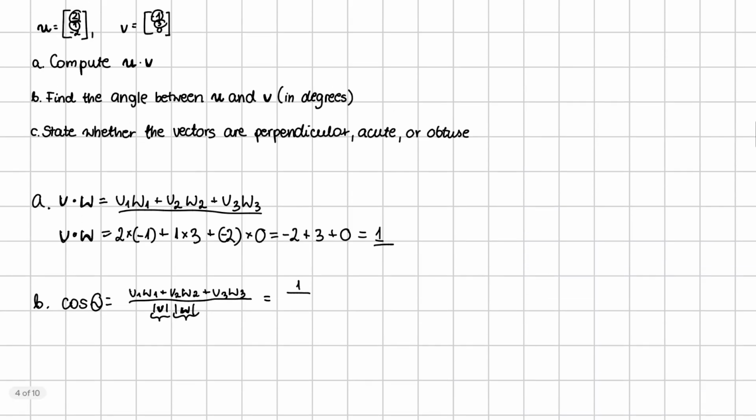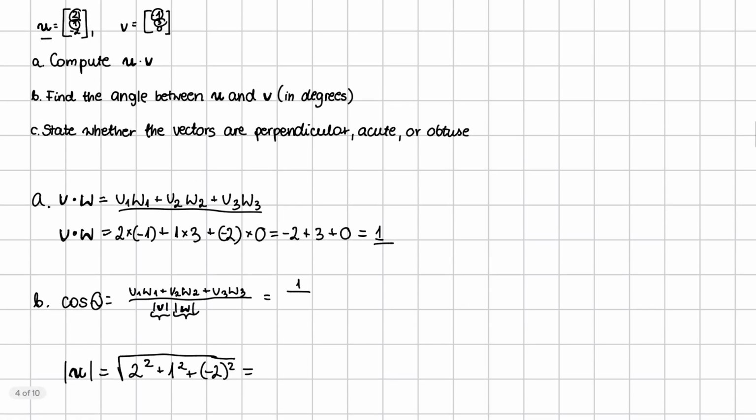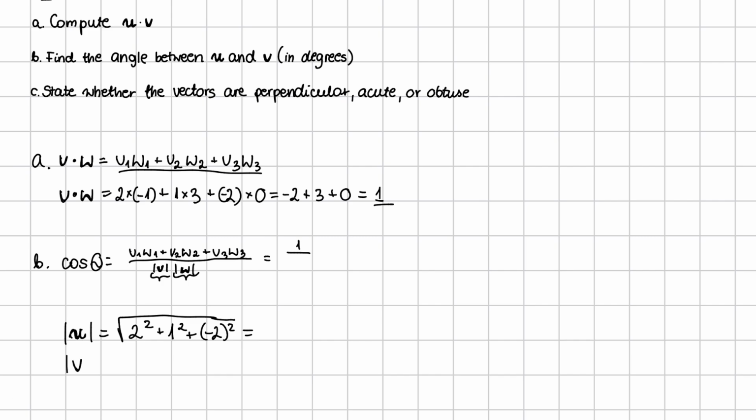Firstly, for vector u, the magnitude is the square root of 2 squared plus 1 squared plus negative 2 squared. And for vector v, the magnitude is the square root of negative 1 squared plus 3 squared plus 0 squared.